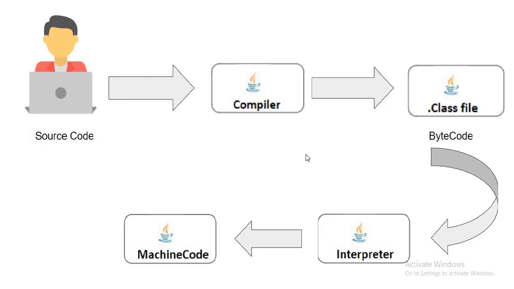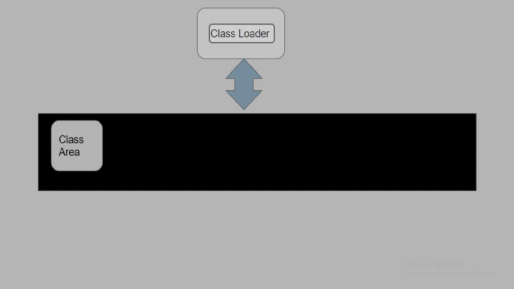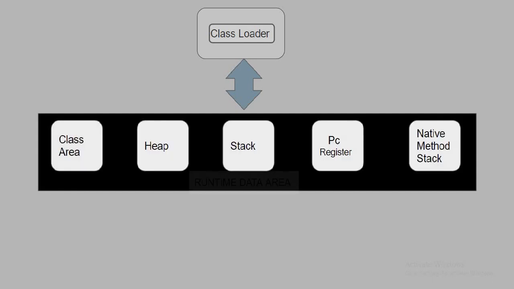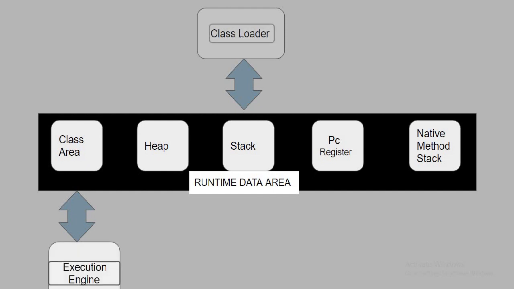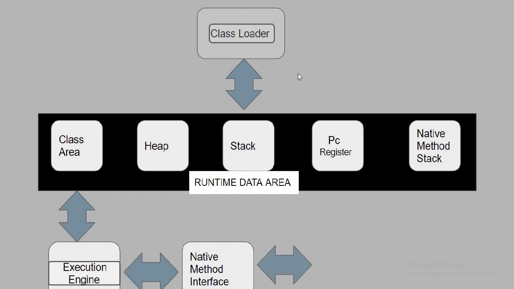Now I will start explaining the JVM architecture. If you observe here, there are many components in the JVM architecture, and I will explain them one by one. Here we have the class loader, and the responsibility of the class loader is loading the class files.